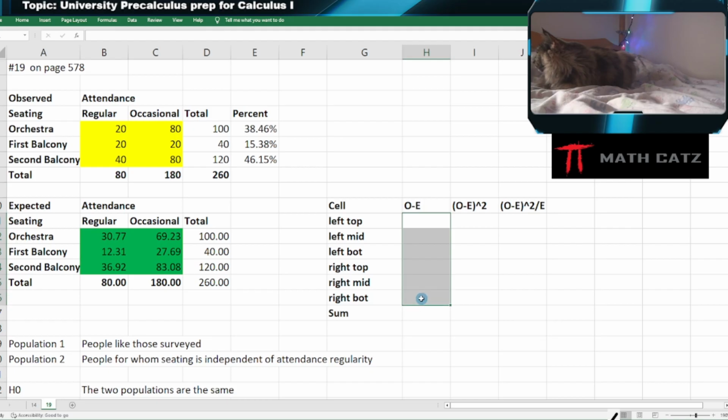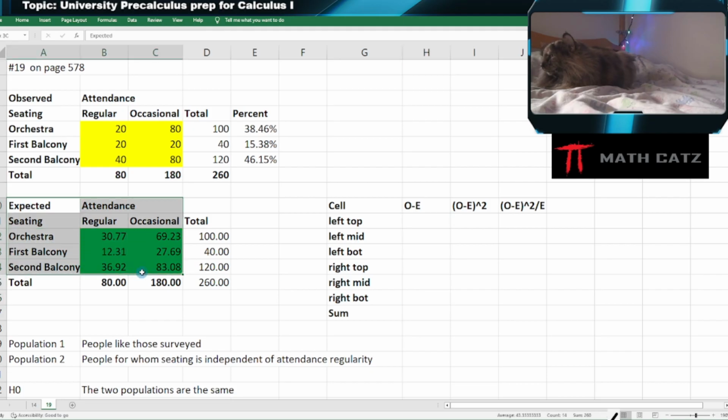I chose this one, but you could have totally chosen exactly like this and did observed minus expected and have these 6 cells and then square them in a different place and then divide by the expected in a different place. But keeping them as one column or row might be a little bit more clean to some. It's personal preference how I lay this out. I still have the benefit of laying things out in a more convenient way that I can manipulate for efficiency.